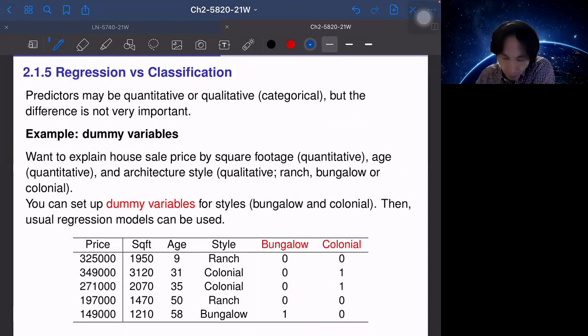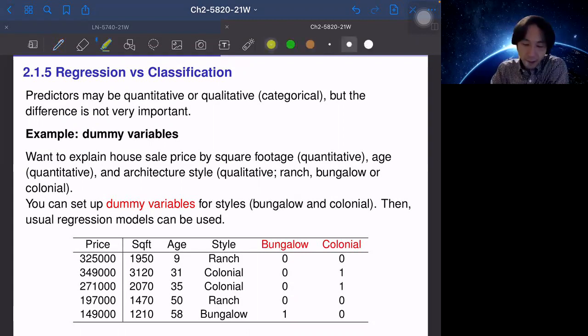And okay, so next we think about the case that the predictors are qualitative. And I would like to explain why it doesn't really matter. Okay, so example. So we want to explain the house sales price. So this is continuous, so numeric, so quantitative.